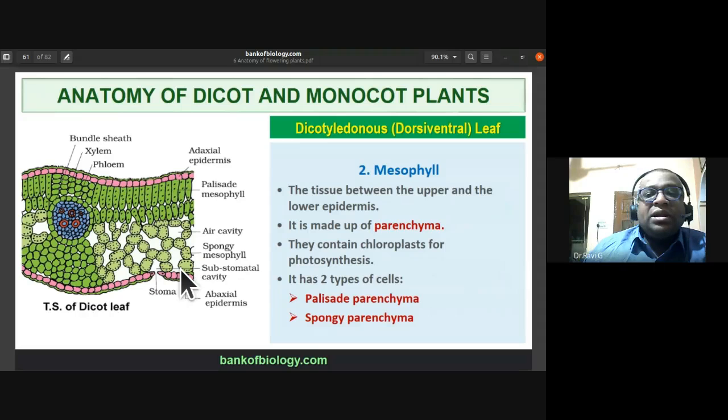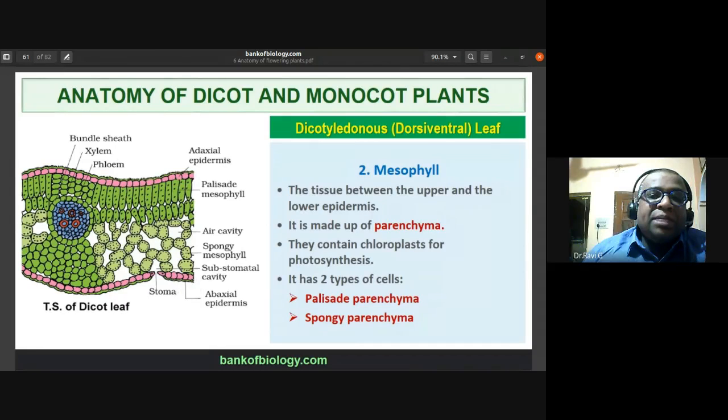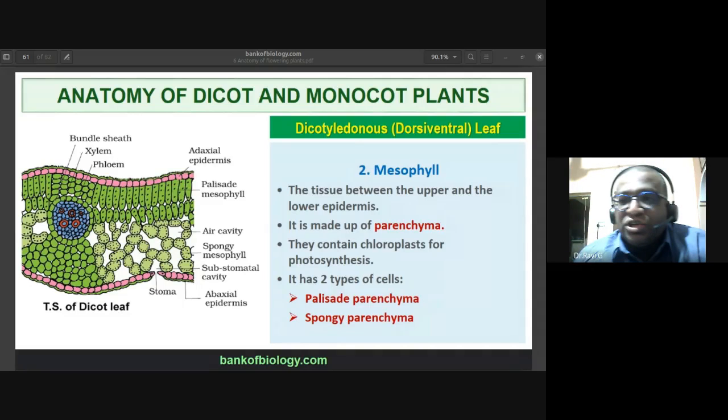In the dicotyledonous leaf, the second layer we are describing is the mesophyll. The tissue between the upper and the lower epidermis, the adaxial and abaxial epidermis, is the mesophyll. It is made up of parenchymatous tissue containing chloroplasts for photosynthesis.